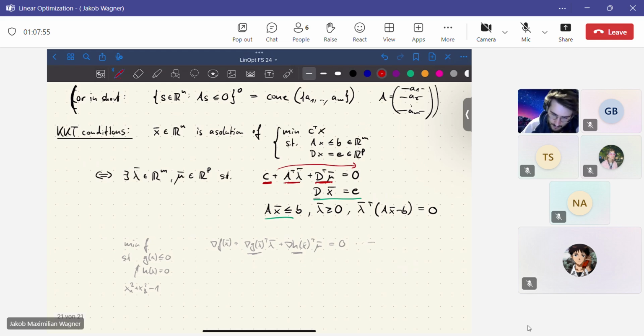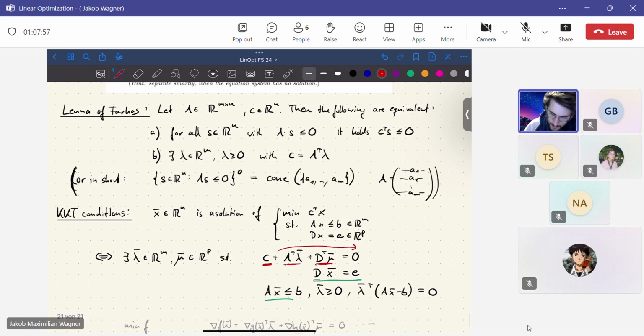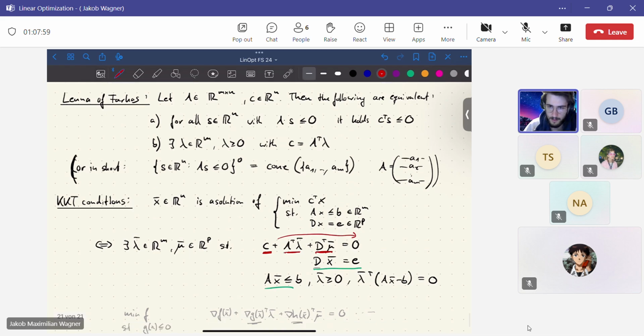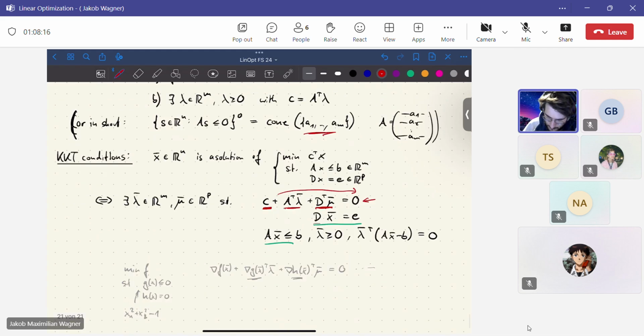And this lemma of Farkas was exactly the way that told us how we can describe any general element in the normal cone by a positive combination of, again, these row vectors. And so this is then this condition.